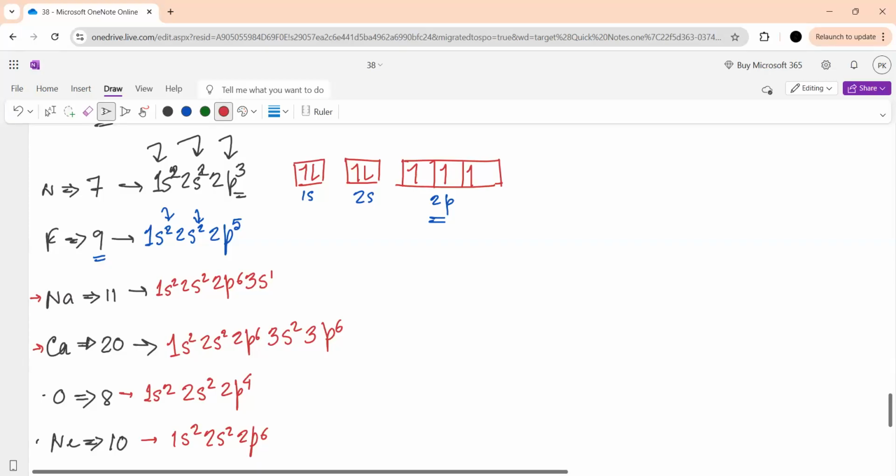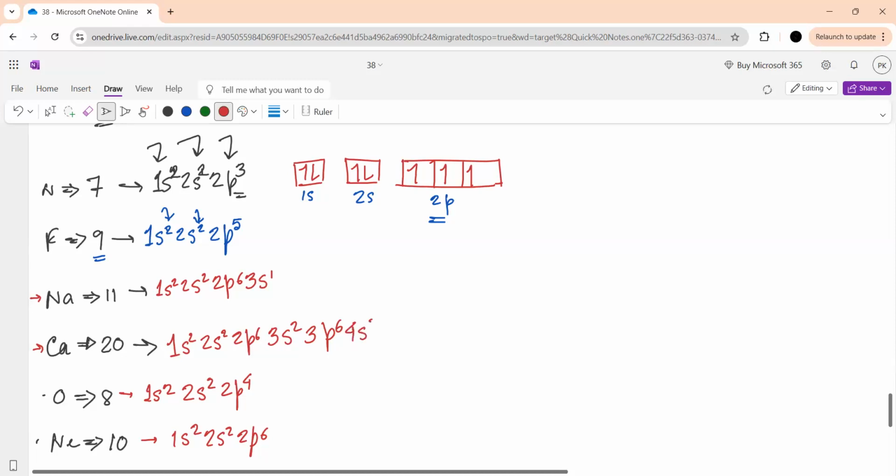Then see there what comes after 3p. 4s. So what would it be? 4s2.